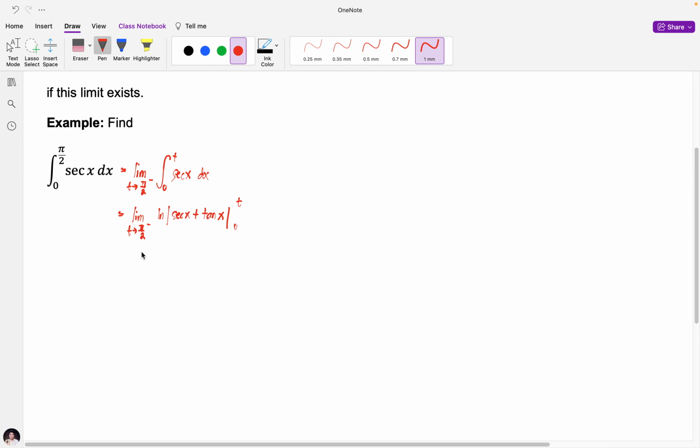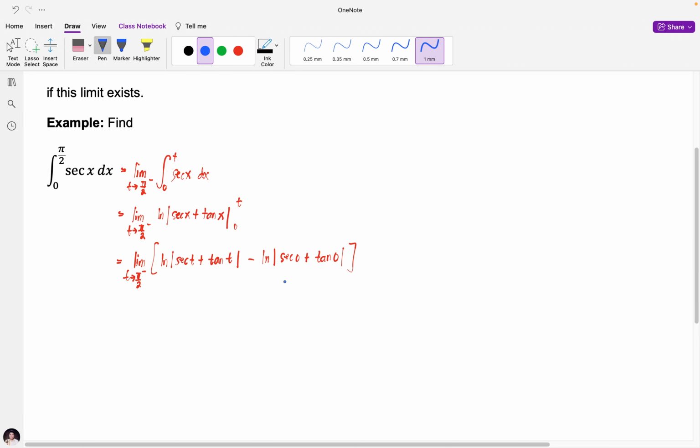And from that, evaluating this one, this is just the limit of ln of the absolute value of secant t plus tangent t, substitute t first, minus ln of the absolute value of secant 0 plus tangent 0, as t approaches pi over 2 from the left.